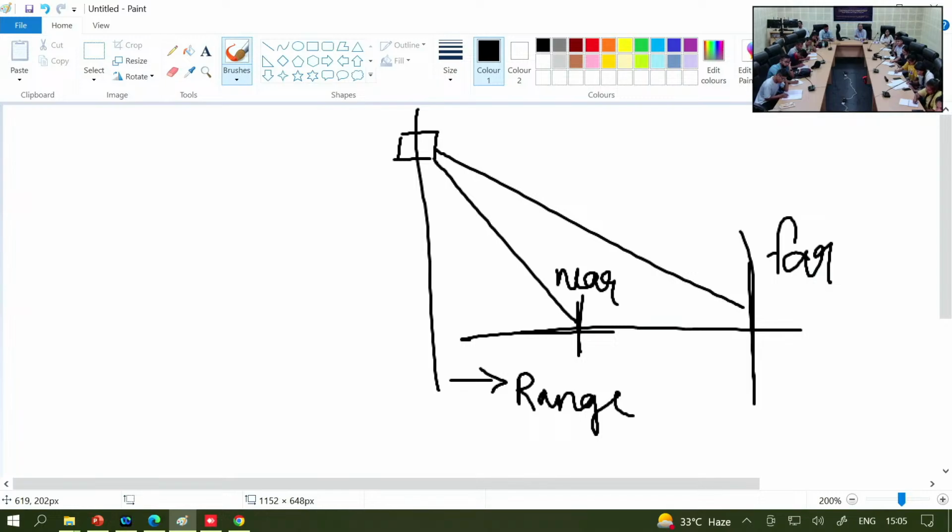Now this is called the range direction. Along the center, this is called the slant range. So this line is called the slant range.